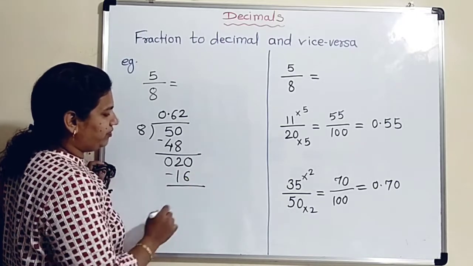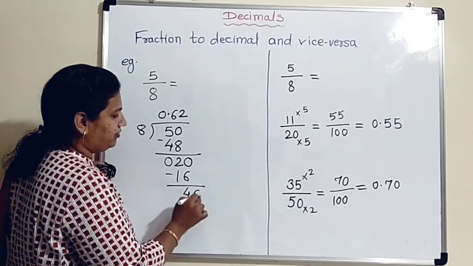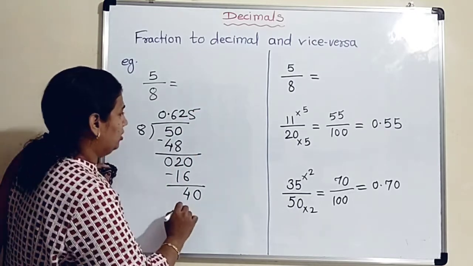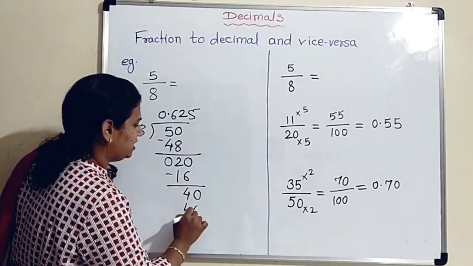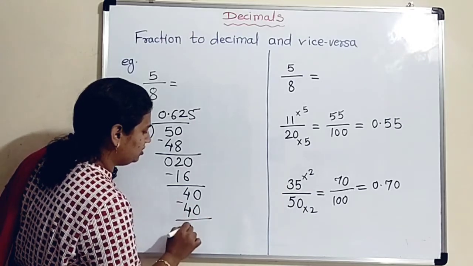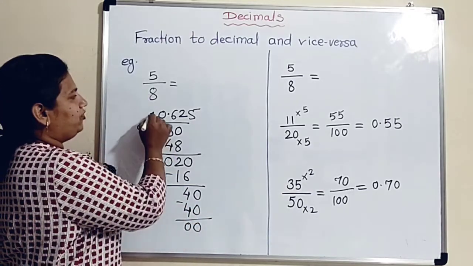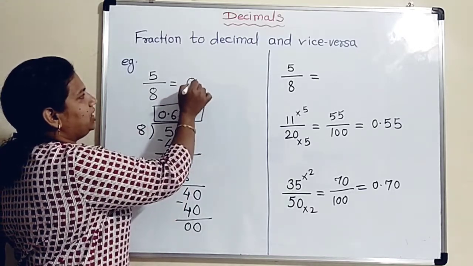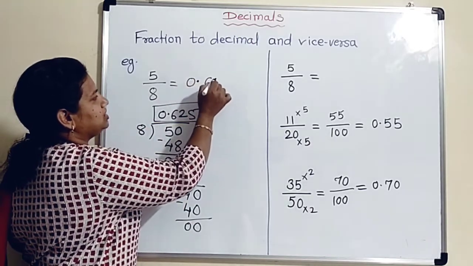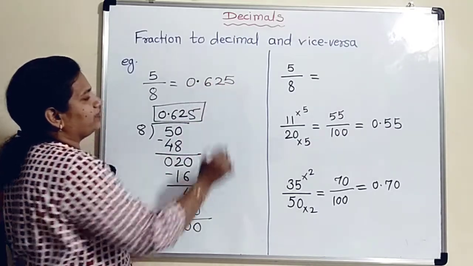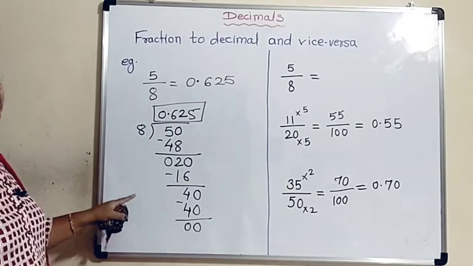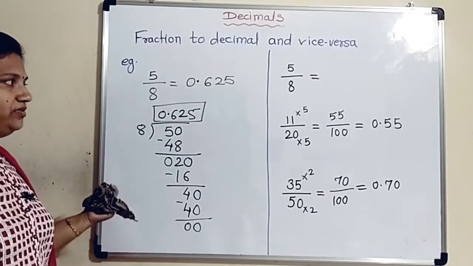So here we will get 4, add one 0, then 5, 8 5s are 40. So here we got 0. And what we got in the numerator, this is our answer 0.625. Right? This is the another method. We can do it by actual division.